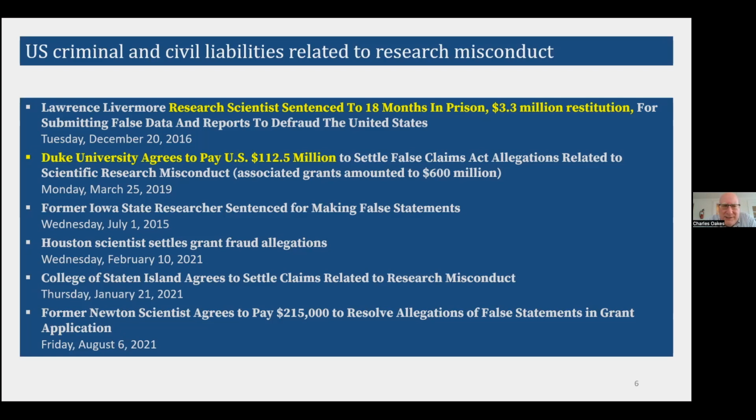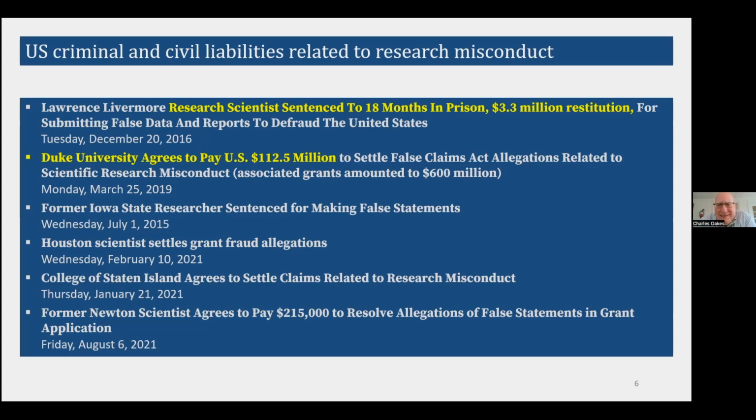And the top one is a Lawrence Livermore National Lab scientist who falsified his measurements for a while. And the federal government went after him, prosecuted him, put him in jail for 18 months, and forced him to pay back $3.3 million. And for most scientists, having to cough up $3.3 million would be a pretty big ding in the pocketbook. Not to mention the inconvenience of spending a year and a half in jail.